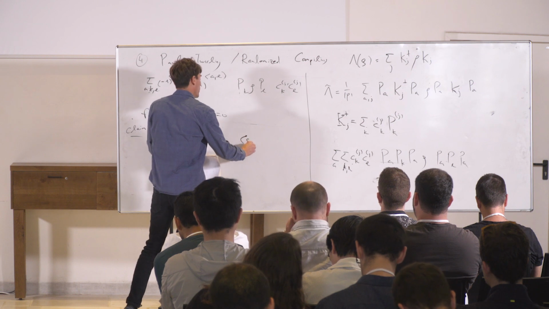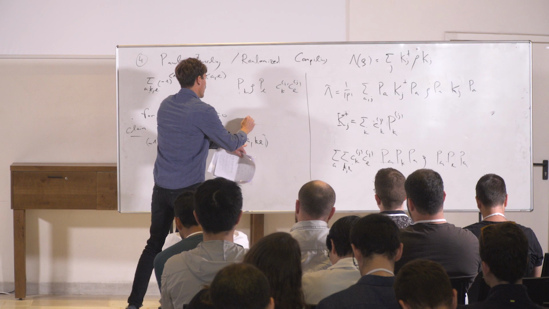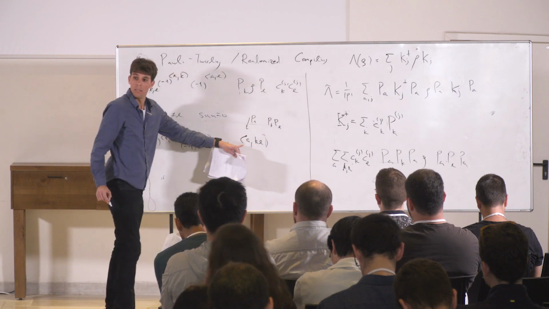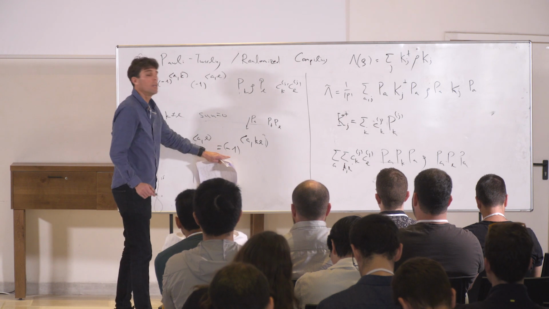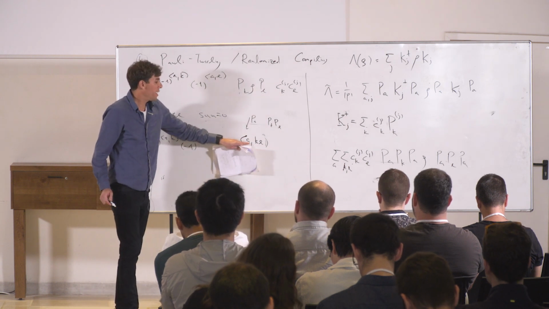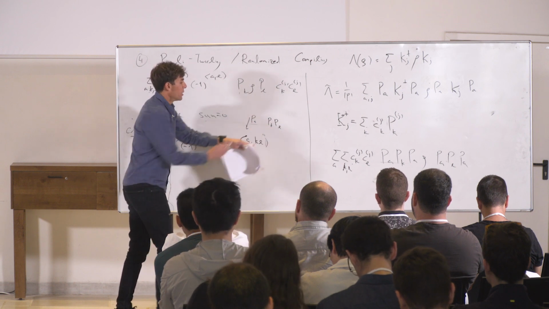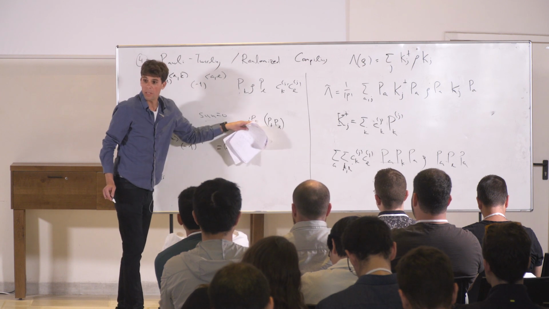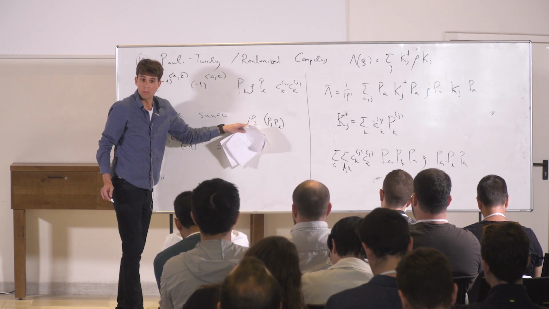Not K minus L, but A times K times L. And what I mean here is that this tells me about the commutation relation between PA and PK, PL. Is this notation clear? This thing is going to be minus 1 if PA and PK, PL anti-commute, and 1 if these two things commute.